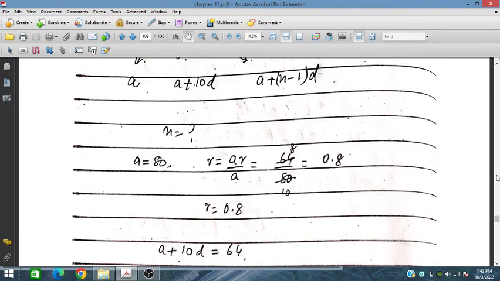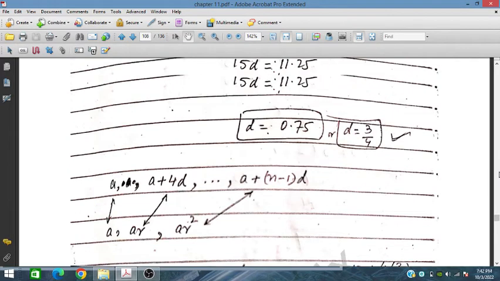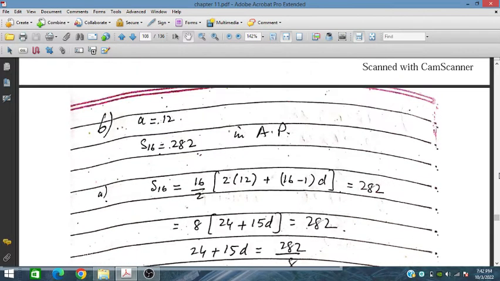This is problem number 6. We have this information: a is equal to 12, S16 is equal to 282 in the arithmetic progression. This is the given information, so we will use it for S16. So Sn is n by 2 times (2a plus (n minus 1)d).